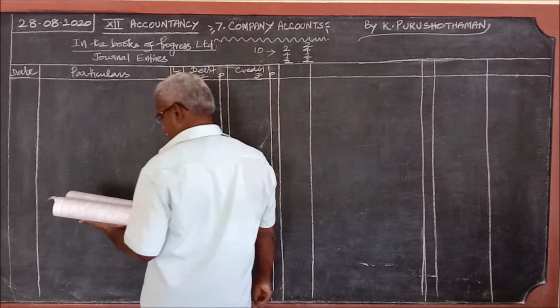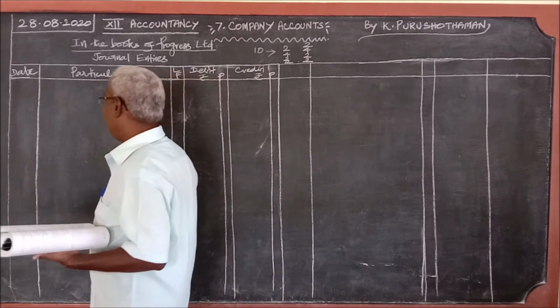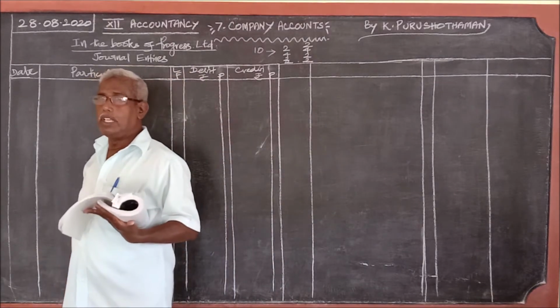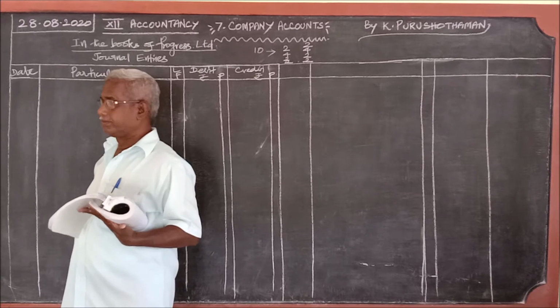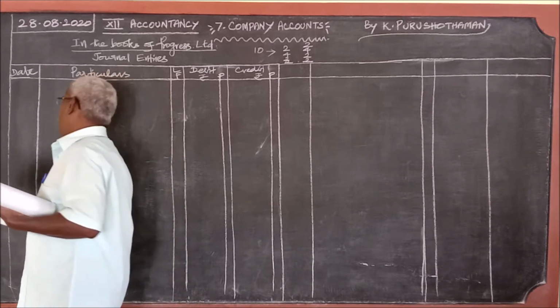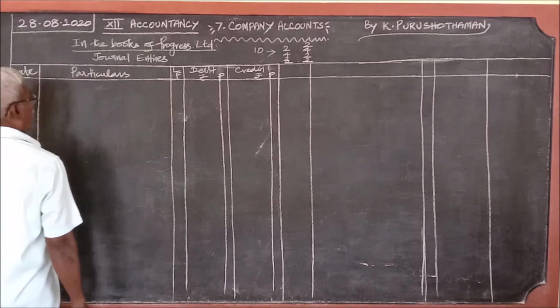These are the 4 stages. The ordinary share is otherwise called equity share. Okay.